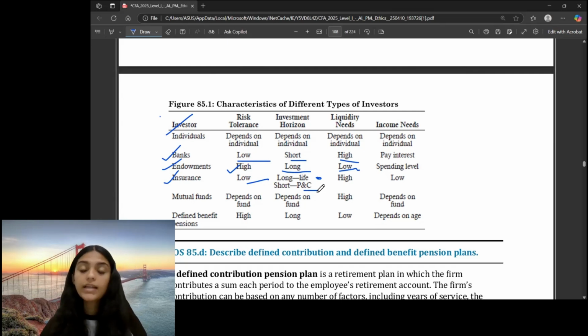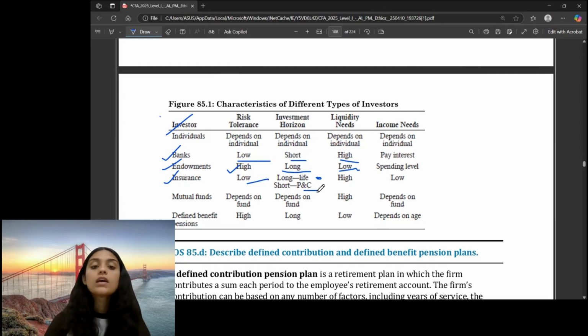It might happen more frequently than for life insurance. Hence, the investment horizon is short, and liquidity needs are higher for them.